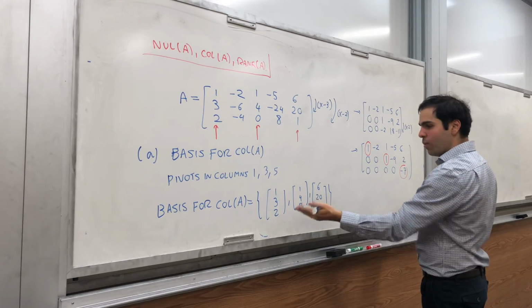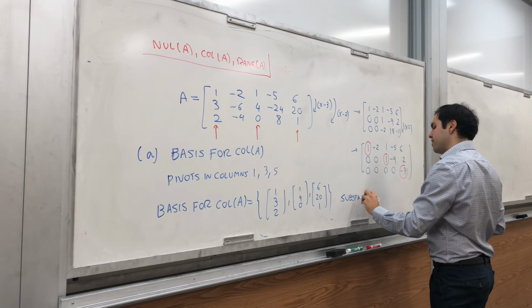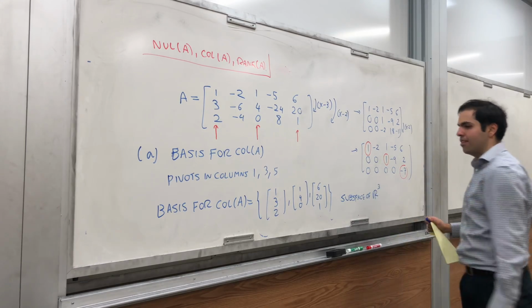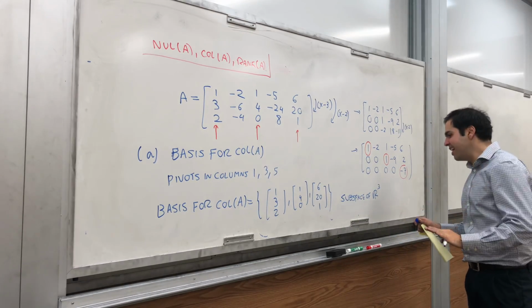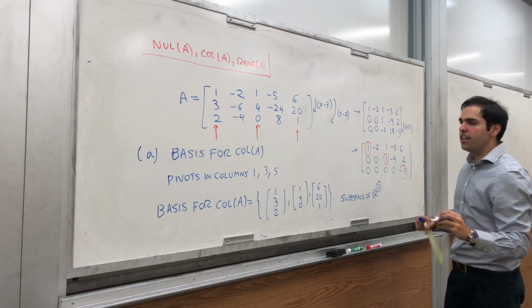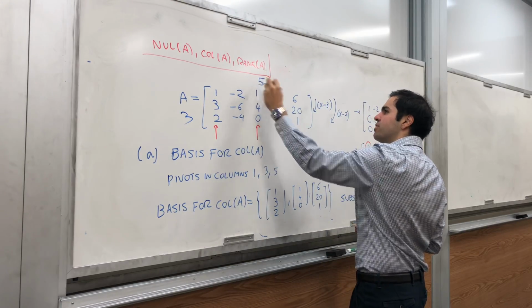And question, what is this a subspace of? Well, here it's a subspace of R3. So remember, subspaces are nice spaces, and here they're subspaces of R3, and notice precisely A is a 3 by 5 matrix.